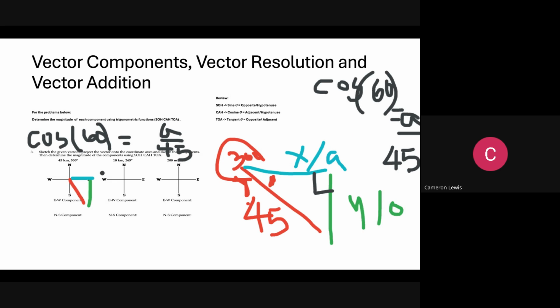What operation do we see on this side? Division. If I see division, I have to do the opposite to get the answer: multiplication, by how much? 45. So I multiply each side by 45. On your calculators, do 45 times the cosine of 60. And what do you get?